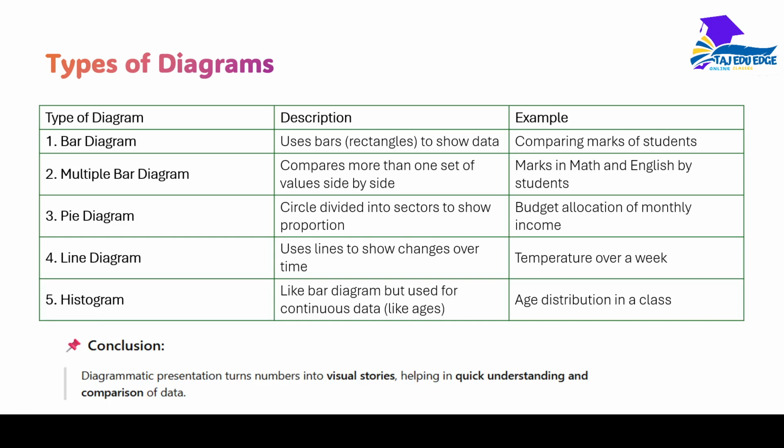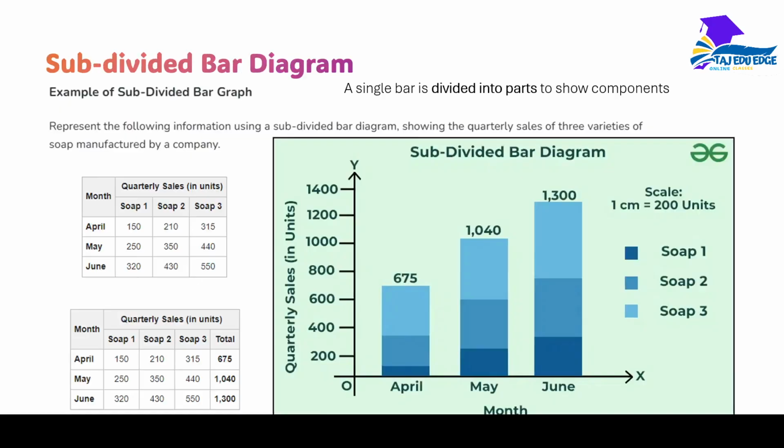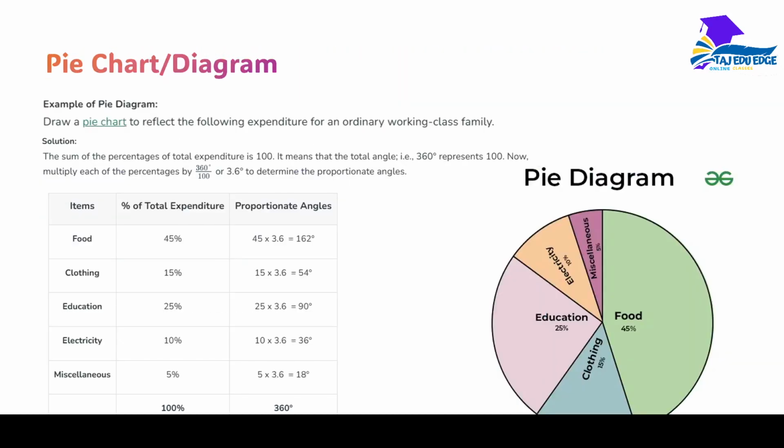Pie diagram, you already know, is a circle divided into sectors to show the proportion. Like if you have a round cake, how much you will distribute among the 5 students. That can be a pie diagram example. Here I do have a pie diagram in this image.